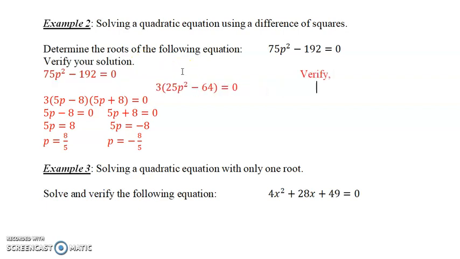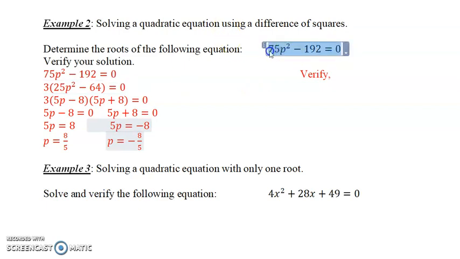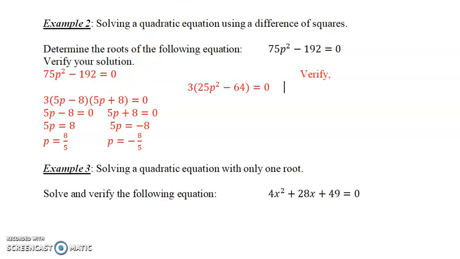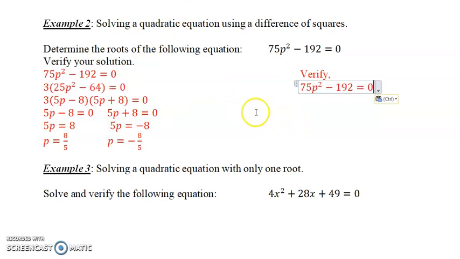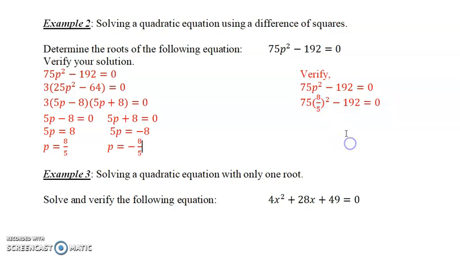So we take the original equation. I'm not going to do both. I'll set one of them. Okay. So anywhere say p, I'm going to put 8/5. And again, if it was negative 8/5, it would just square and give you the same, you'd be doing the same thing twice. Just do one. One sample calculation is more than okay.